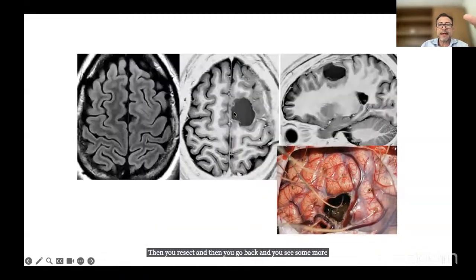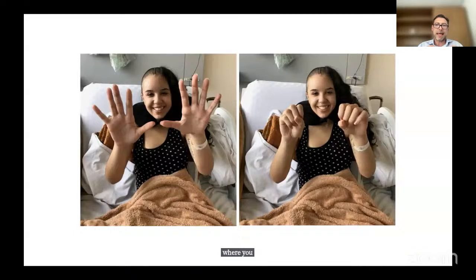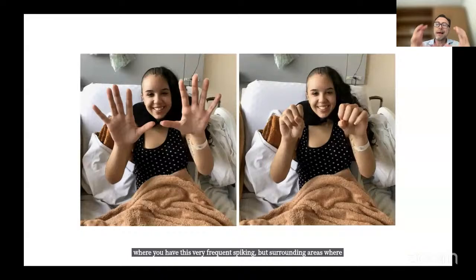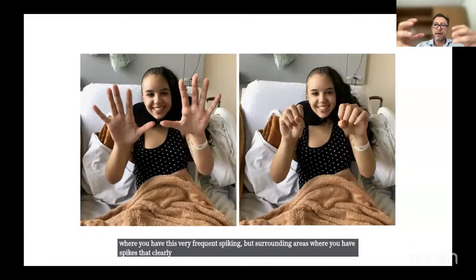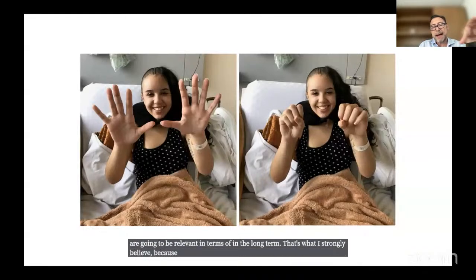You resect everything, and these patients get well, you see, because you can clean up not only the areas where you have this very frequent spiking, but surrounding areas where you have spikes that clearly are going to be relevant in the long term. That's what I strongly believe, because when we leave these other spikes behind, many times seizures recur in the long run.